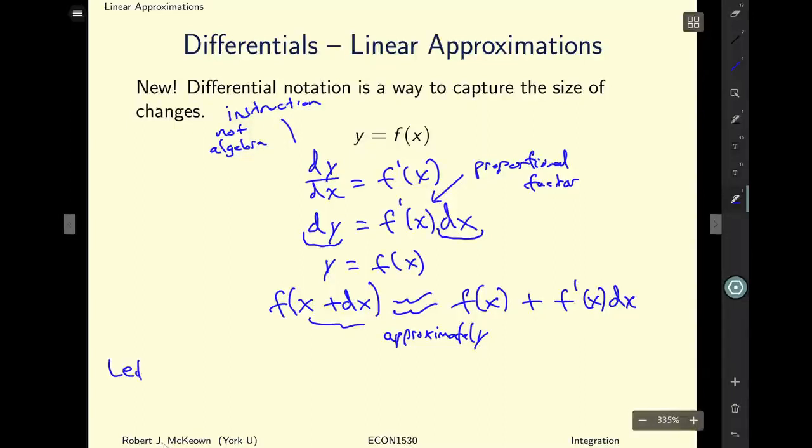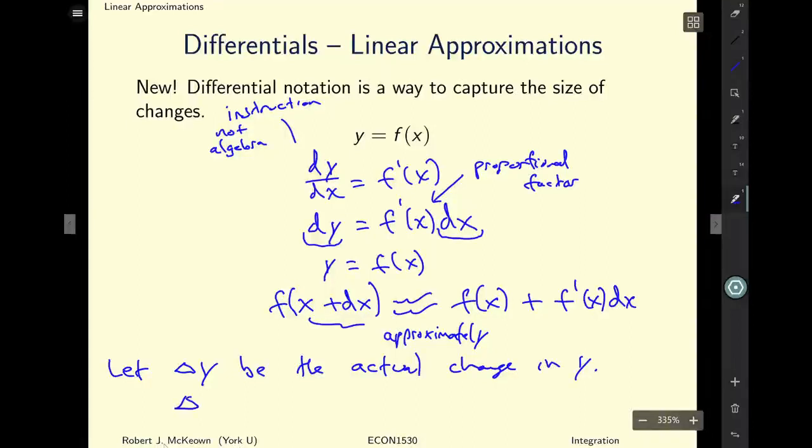Now let delta y, little triangle y, be the actual change in y.